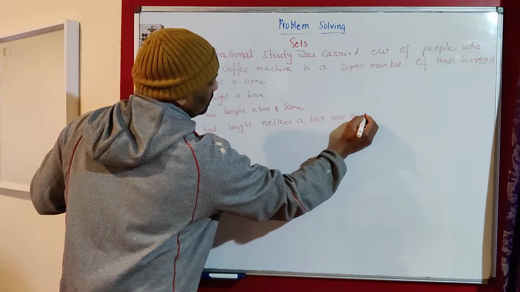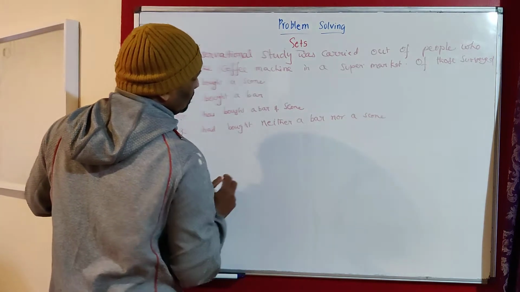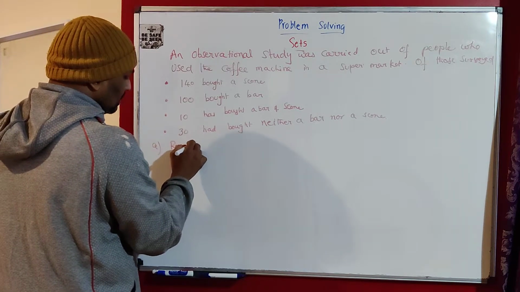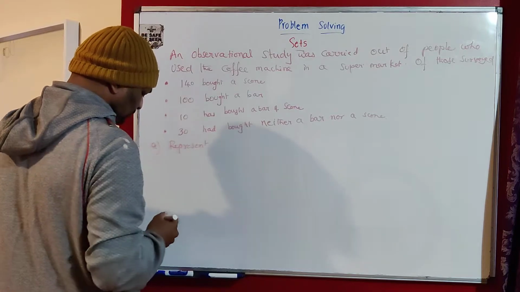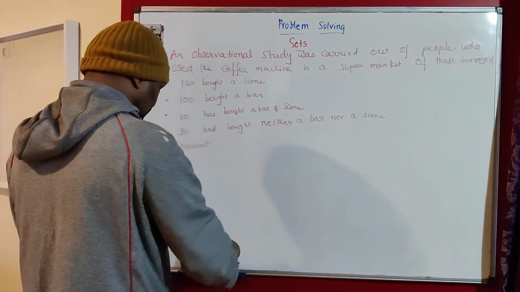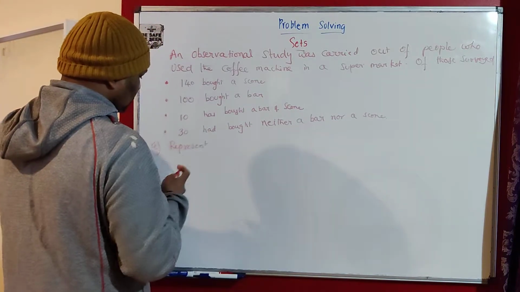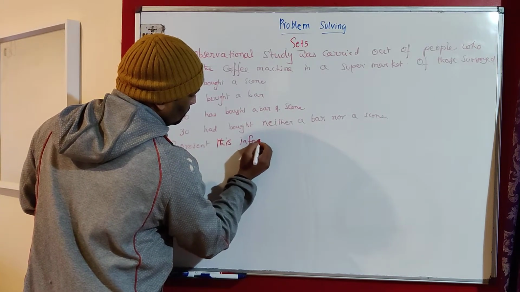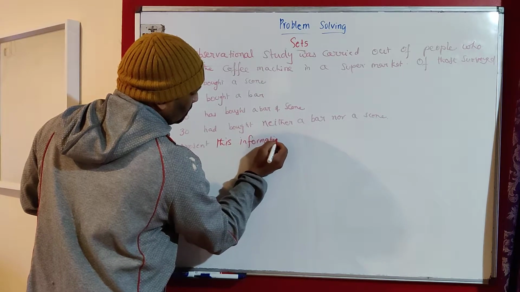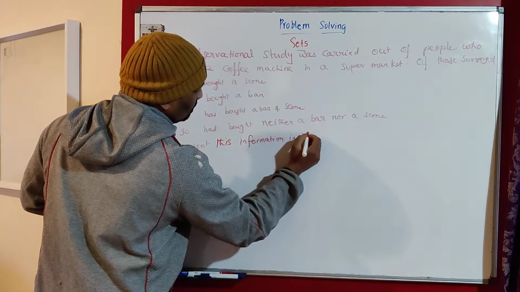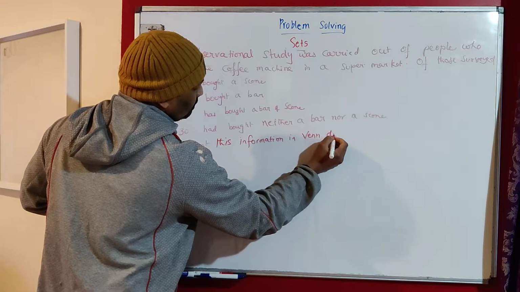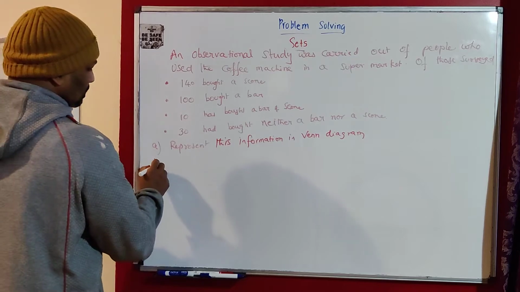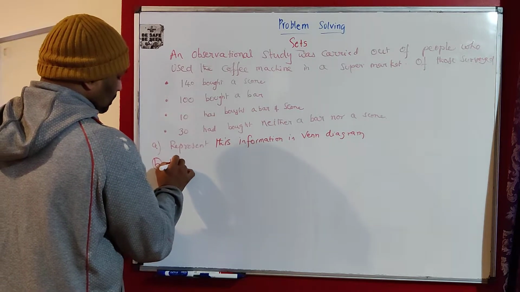The first part of the question is to represent this information on a Venn diagram. The second part of the question is how many people were surveyed.